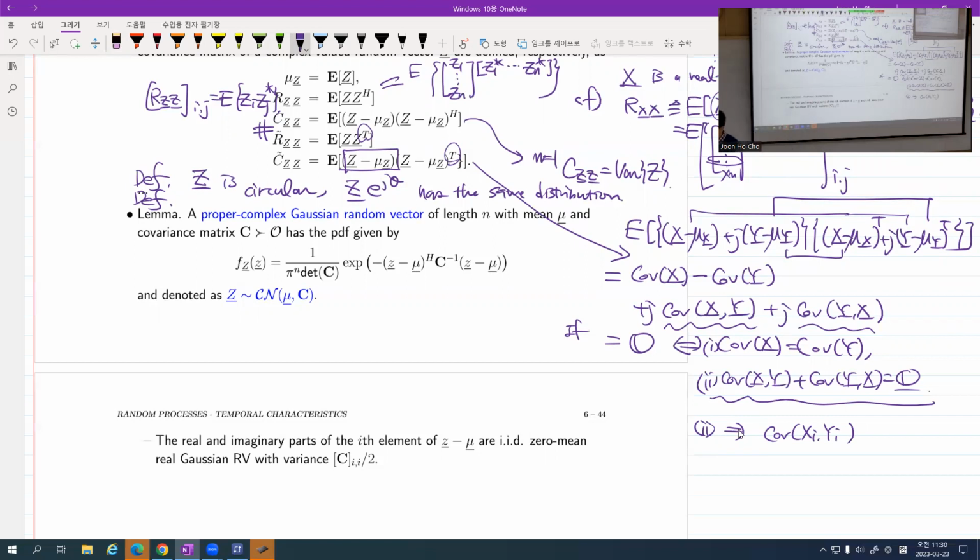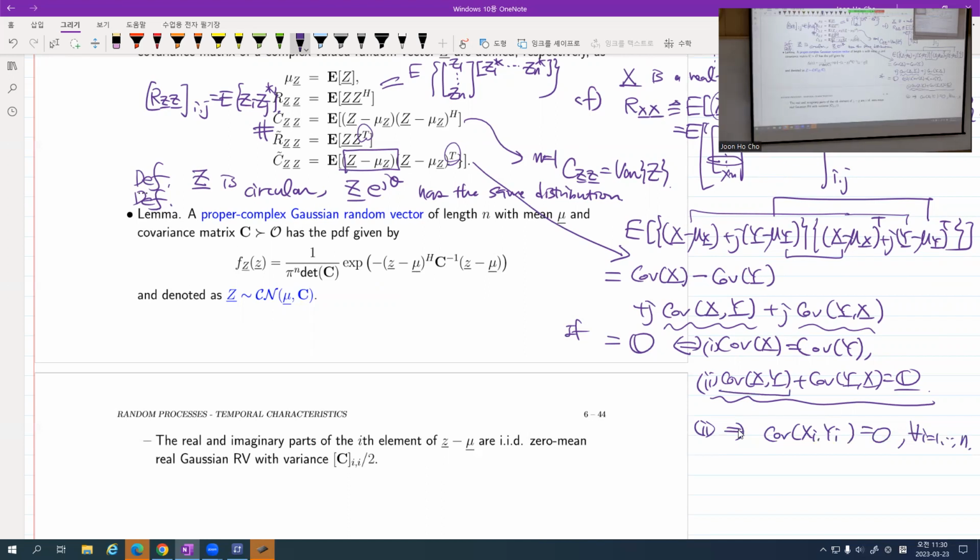They are uncorrelated. You can show this. You may not immediately understand this, but it sounds correct because if n equals 1, this means uncorrelated, and we've already seen that. So at each position, the real and imaginary parts are uncorrelated. However, the covariance matrices are not each 0, right?